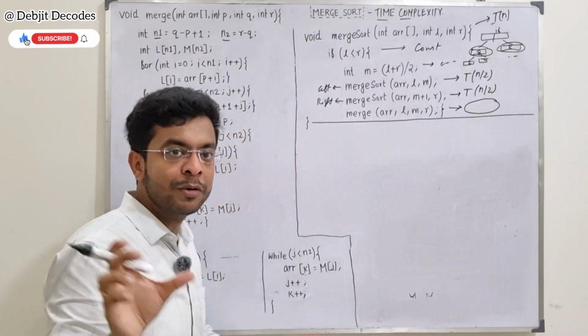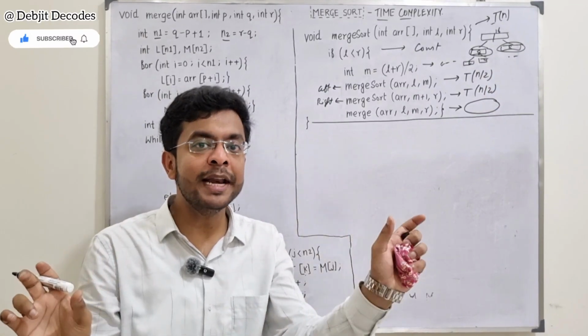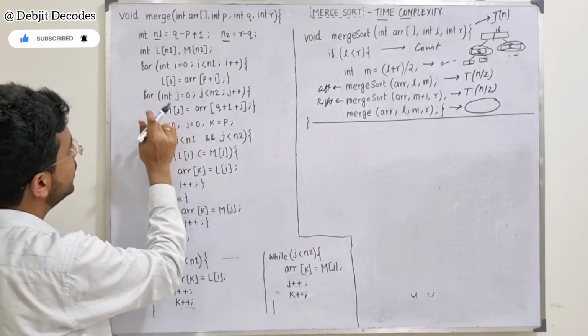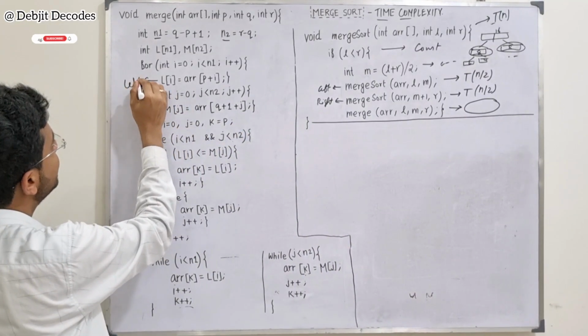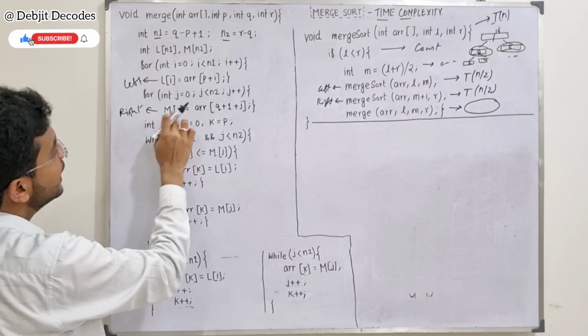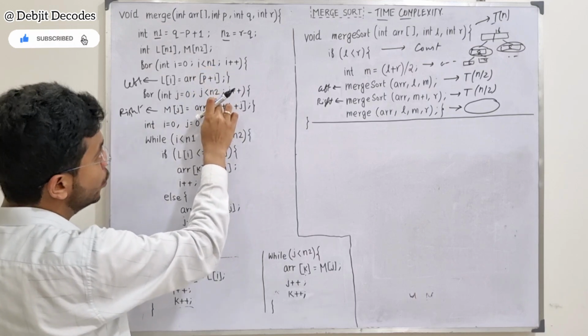We are dividing when trying to merge the final two subarrays. The left subarray was held by one array, L, and the right subarray was held by the other. So the left subarray was running till n1 and the right subarray was running till n2.